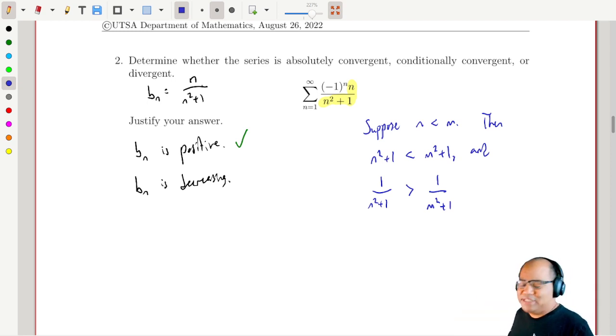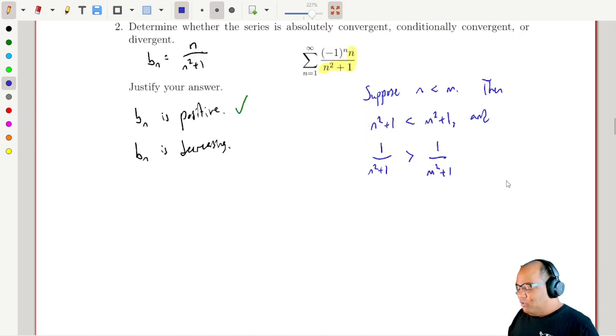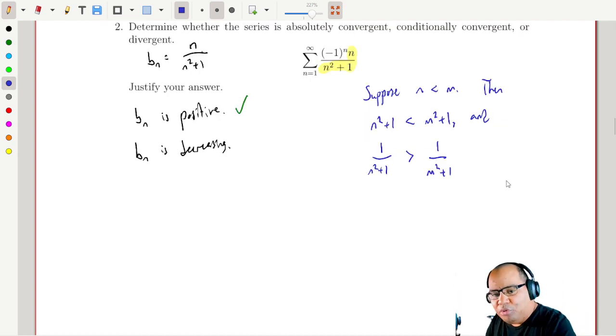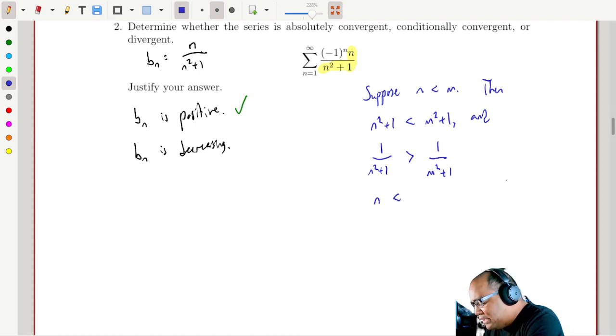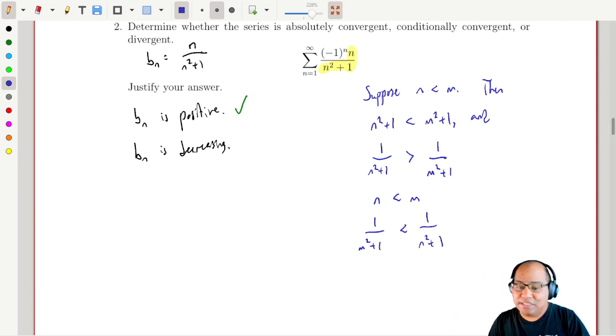You need to verify this for every single thing. All right. Well, now let's write out the two inequalities that I have here, okay? We have n is smaller than m, and then if I flip this over, I have 1 over m squared plus 1 is smaller than 1 over n squared plus 1. Okay, that was not a typo.